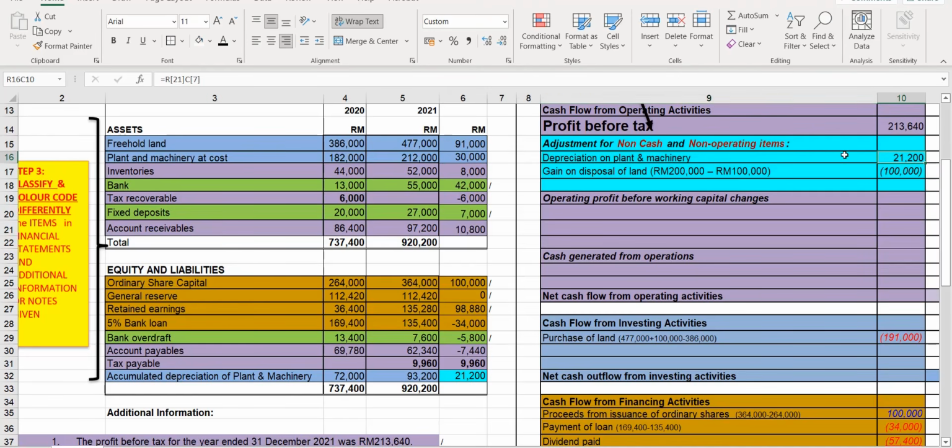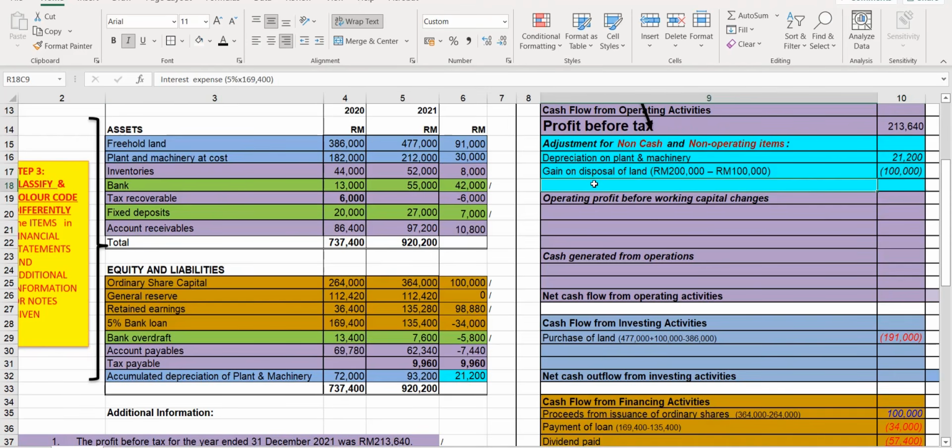The most common example is depreciation. If you come across a gain, you are going to deduct it. But if you come across a loss on disposal, a loss on changes in fair value, or a loss on foreign exchange, these will also be included here since they are non-cash items.